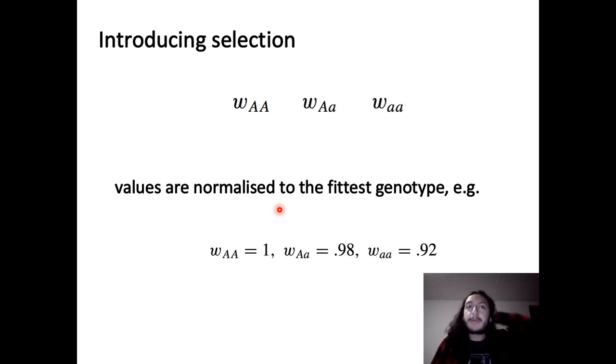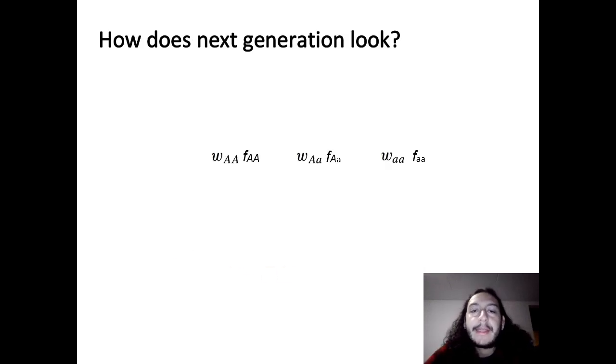This can be quantified in number of successful offspring, in number of seeds produced, or different ways, but right now we're just going to assign numbers. So for example, here we see that the homozygote dominant genotype is going to have a fitness of 1, the heterozygote is going to have a fitness of 0.98, and the homozygote recessive genotype is going to have a fitness of 0.92. So then how is this generation going to look?